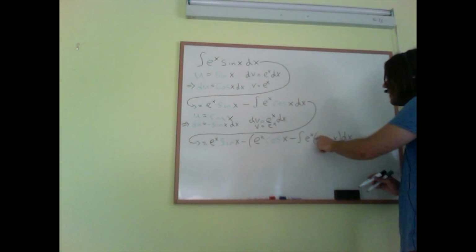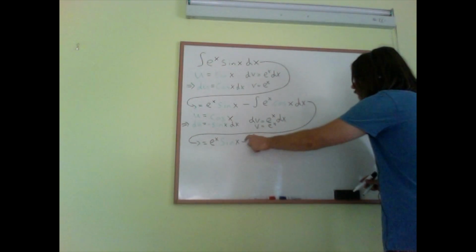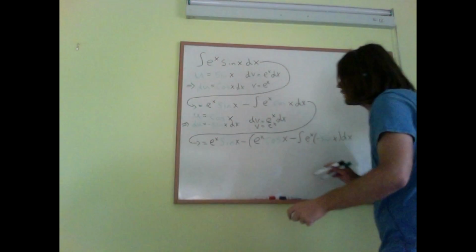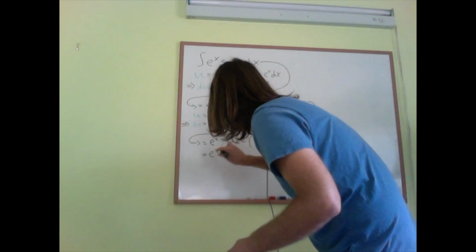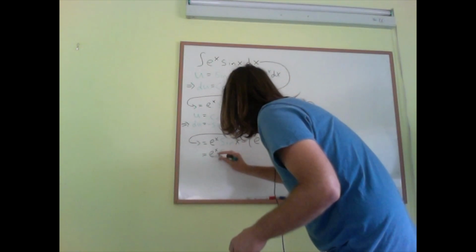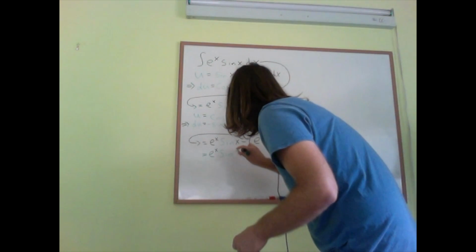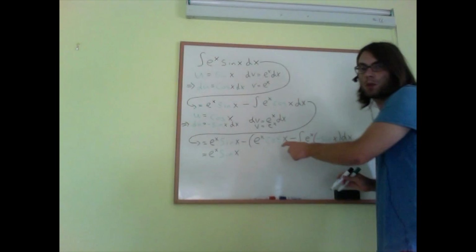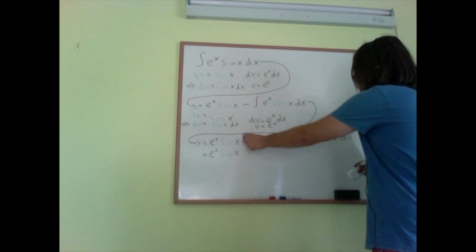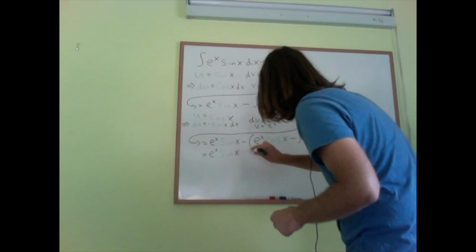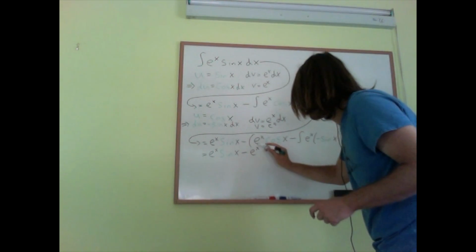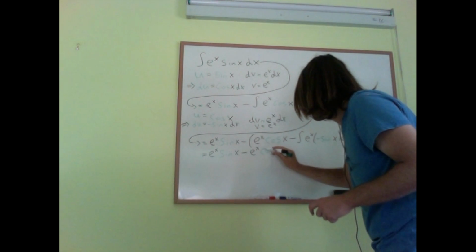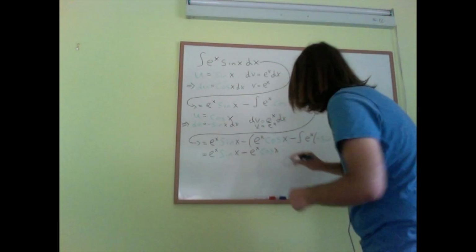All right, now we're going to go ahead and simplify this. In particular, I'm going to take the negative out here, and I'm going to distribute this negative here. I hope you don't mind, we're going to do it in one step. This is easy. This is e to the x cosine of x with a minus in front.